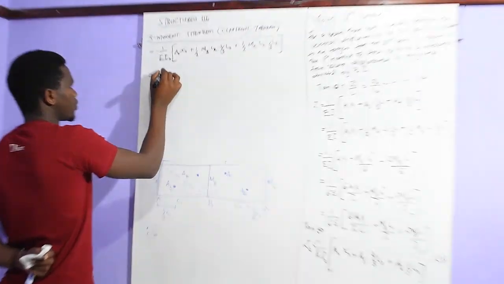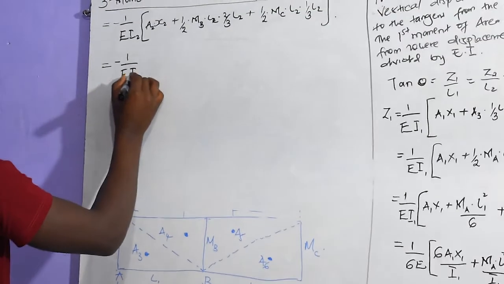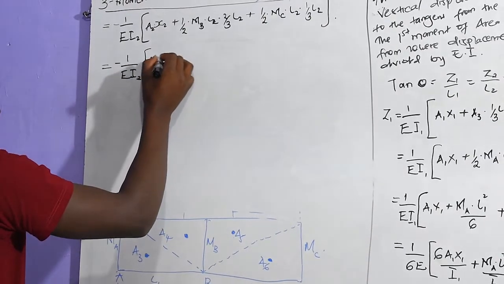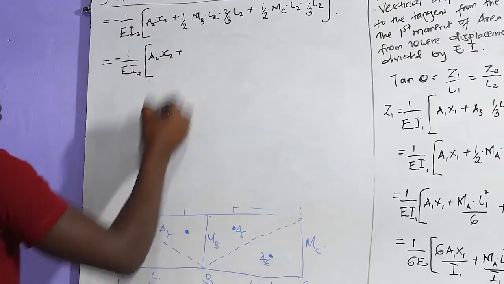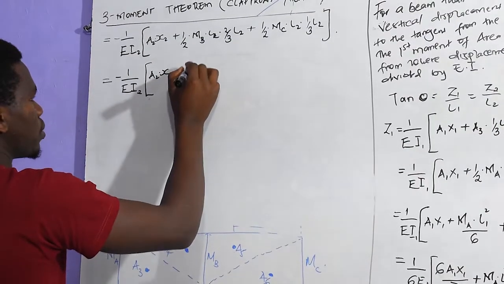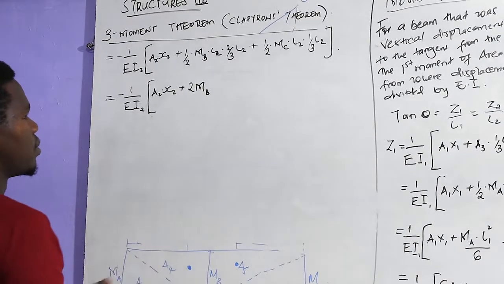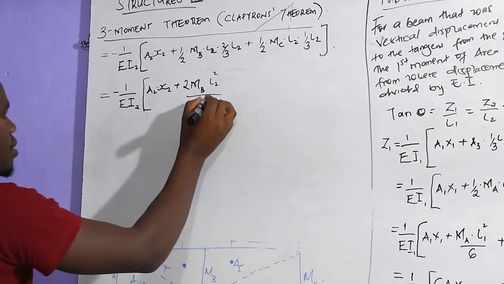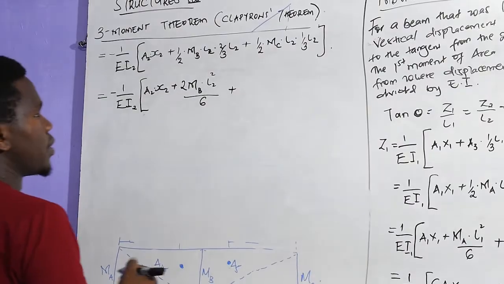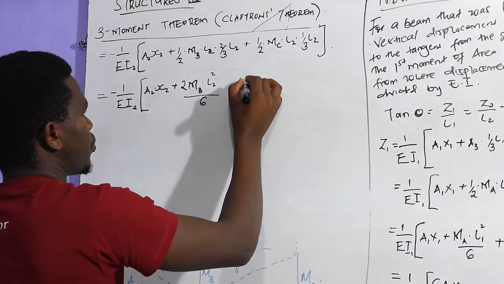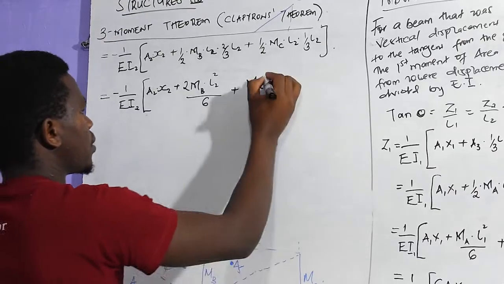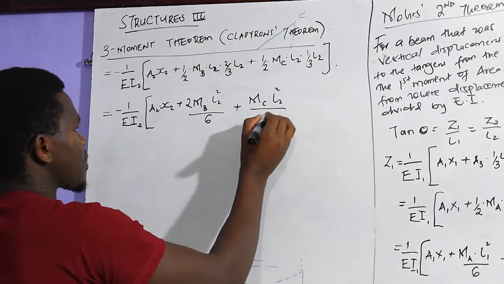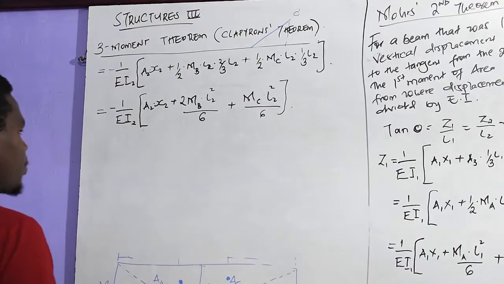This one will give us negative 1 over EI2, area 2 X2 plus this one will be 2 moments at B multiplied by L2 squared all over 6, plus this is moment at C, L2 squared all over 6, like so.